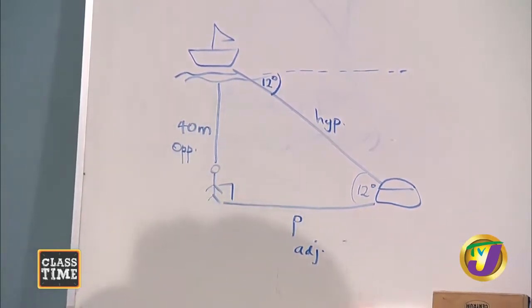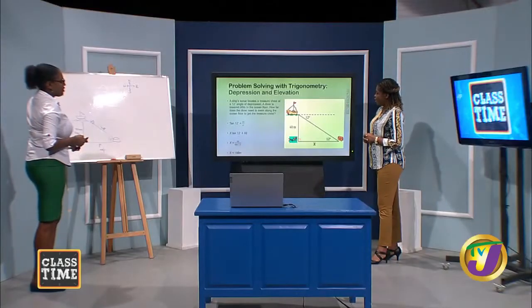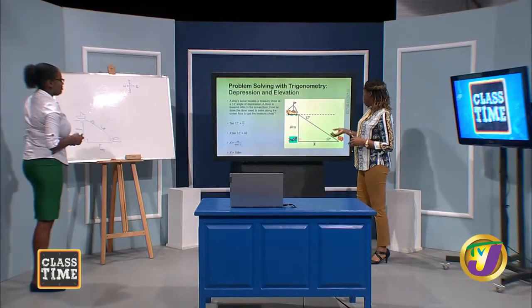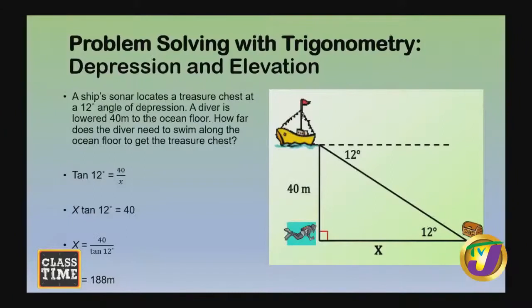So let's see what we have. Tangent of 12 degrees is equal to the ratio 40 divided by x, opposite over adjacent side. Doing some inverse operations, we multiply both sides by x, and now we'd have 40 isolated, but we want to isolate x.